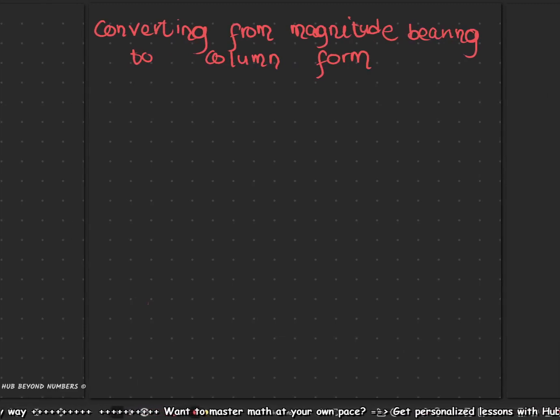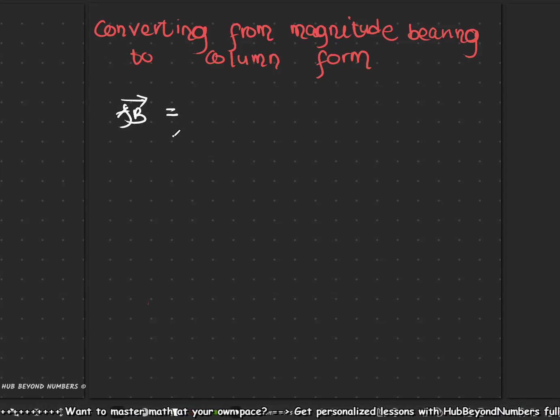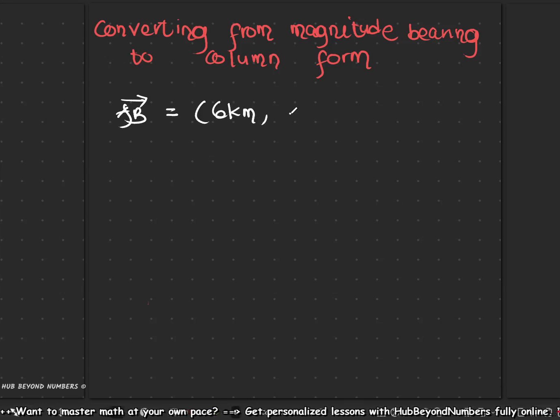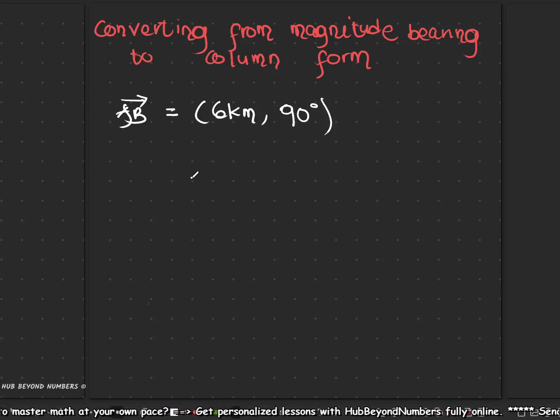Let's say we have vector AB, written in magnitude bearing form as 6 kilometers, 90 degrees. How would we write this in column form? You would need your graph sheet, pre-knowledge of bearings, and your protractor as well.